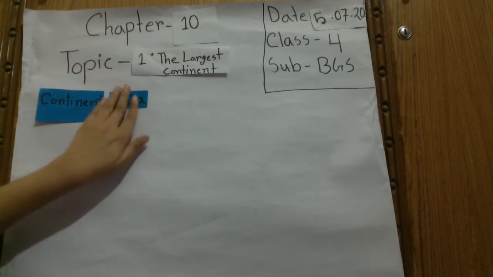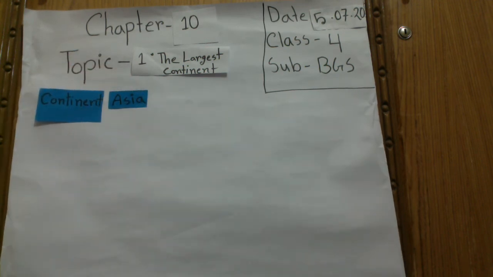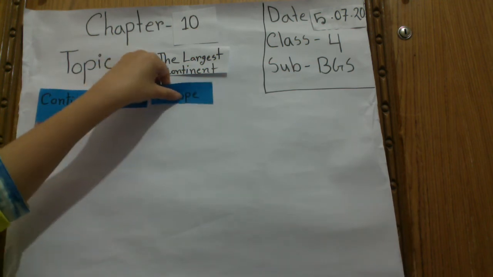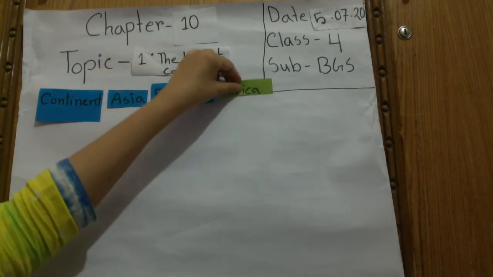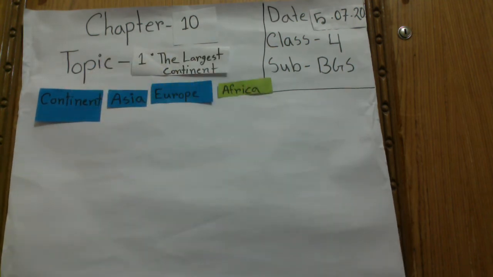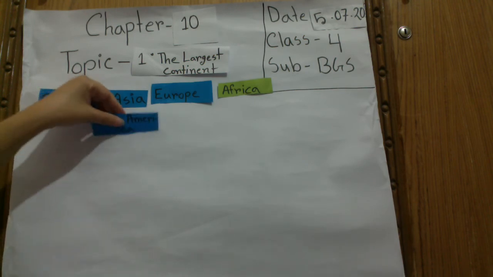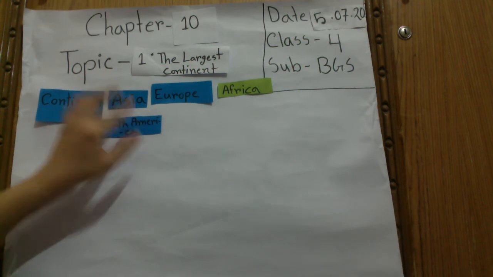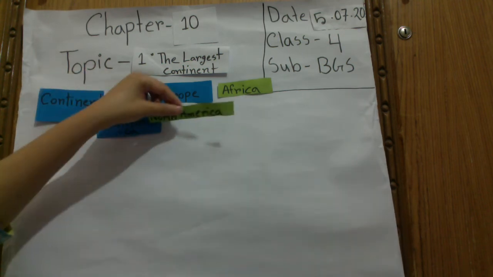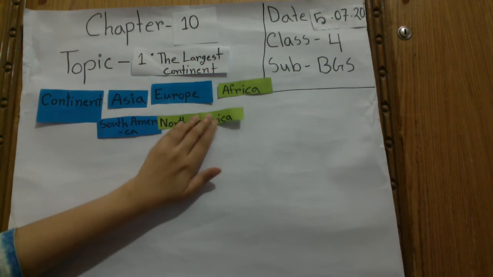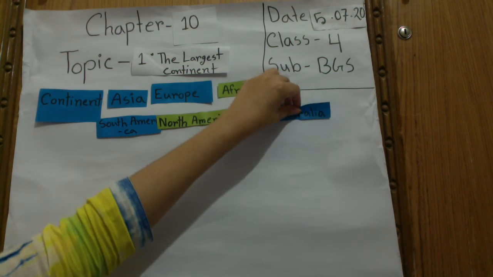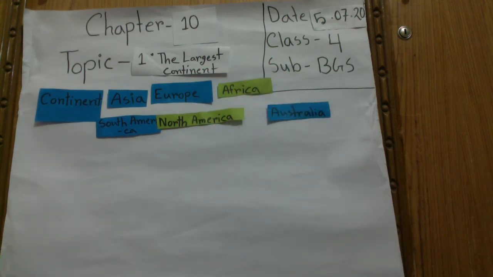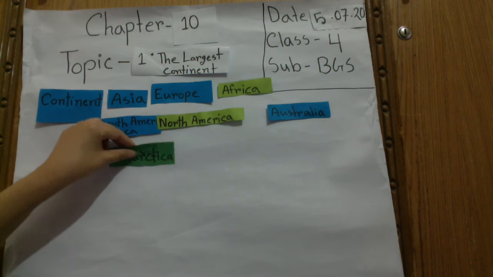Asia, this is the name of the continents. Europe, Africa, South America, North America, Australia, and the last one is Antarctica.